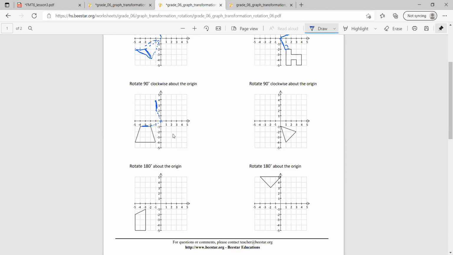So in turn, this line would come over here. And then the other base would come over here. And the trapezoid would be rotated to over there. Did that make sense? Okay.